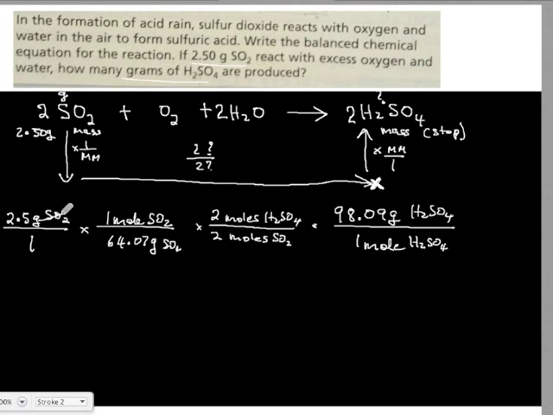Cancel your units: grams of sulfur dioxide, moles of sulfur dioxide, and moles of sulfuric acid. Cancel. The uncancelled unit is grams of sulfuric acid, which is what you wanted. Pick up your calculator, figure out the answer, reduce it to the lowest significant figure. Answer is 3.83 grams of sulfuric acid.